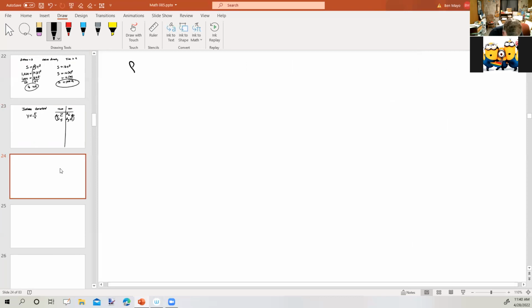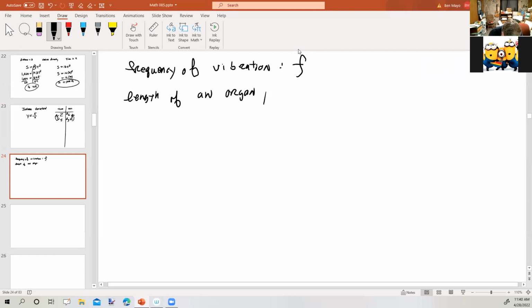So we've got the frequency of vibration, and let's use an italicized F for that, and the length of an organ pipe, let's call that L. So F is going to stand for the frequency of vibration. L is going to stand for the length of the organ pipe.